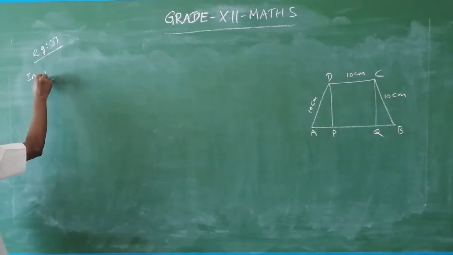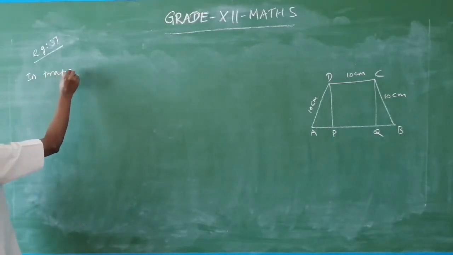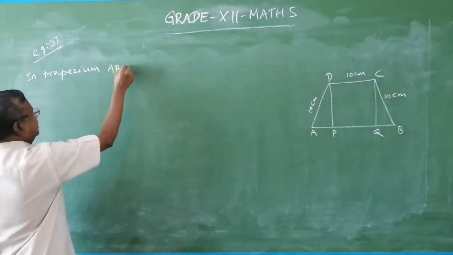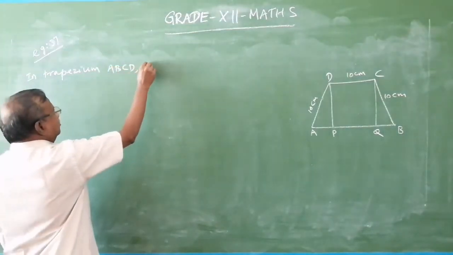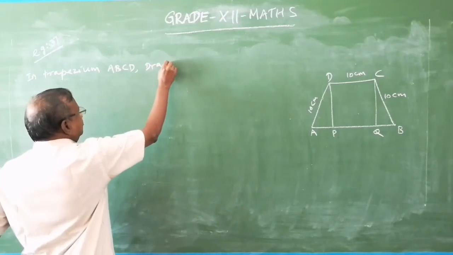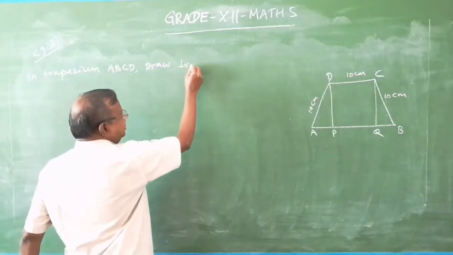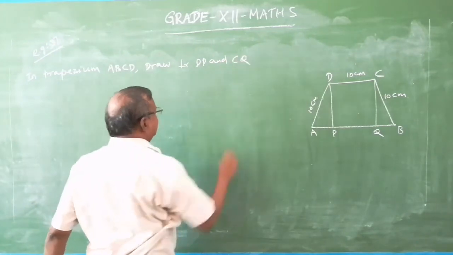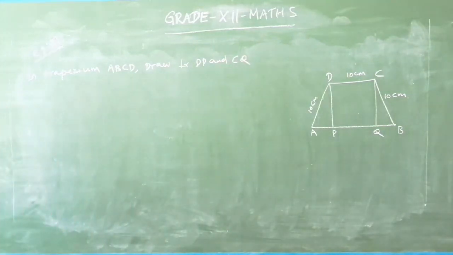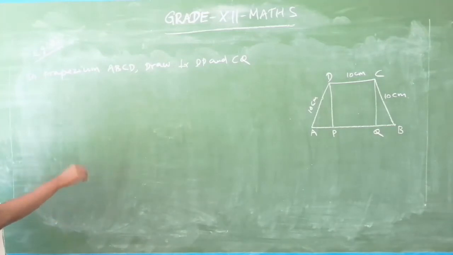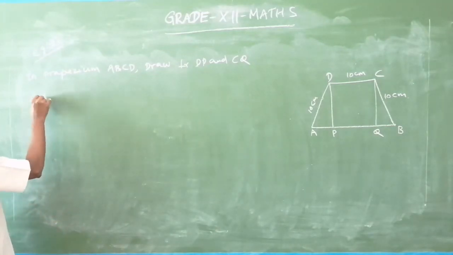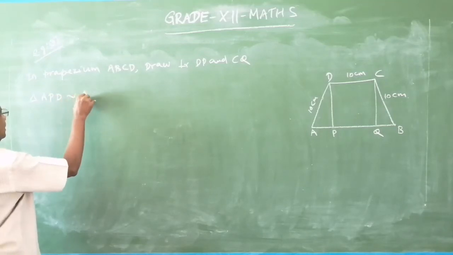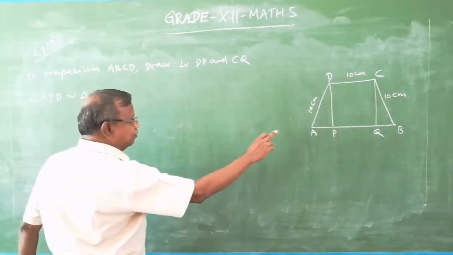In trapezium ABCD, draw perpendiculars DP and CQ. Now the triangle APD is similar to triangle BQC.